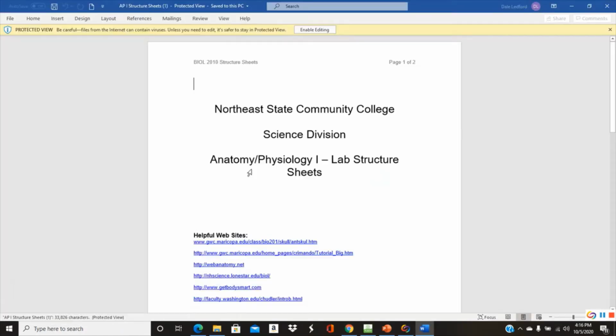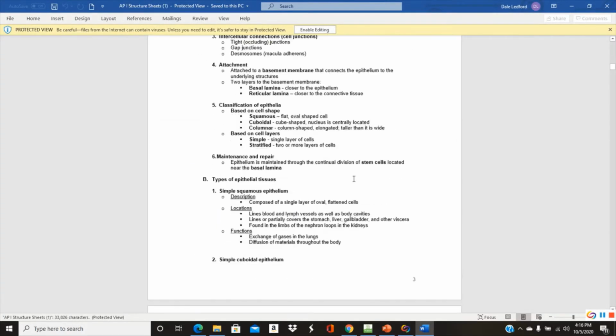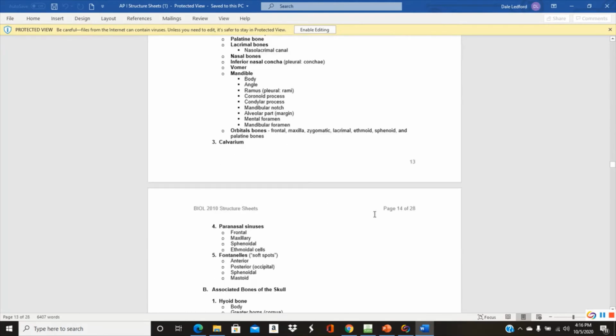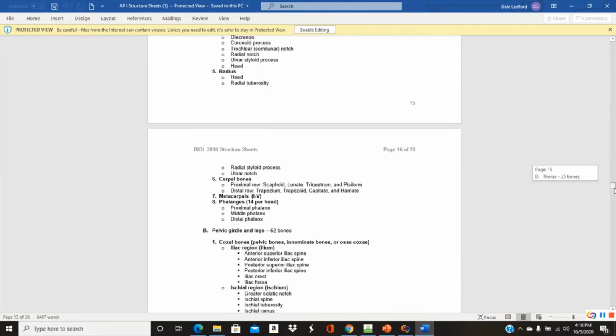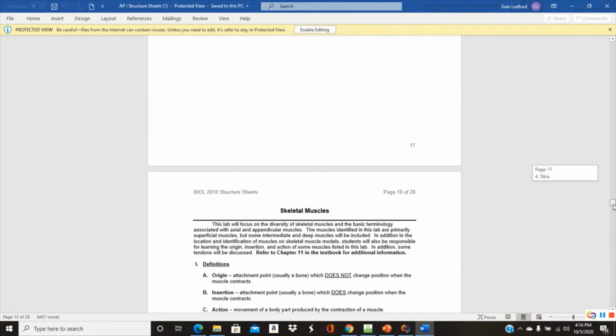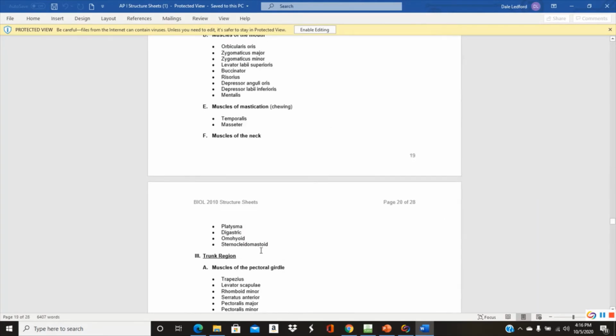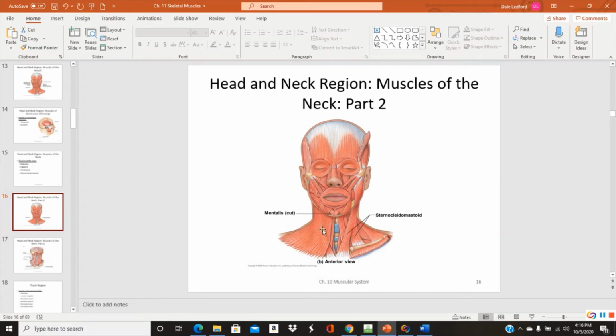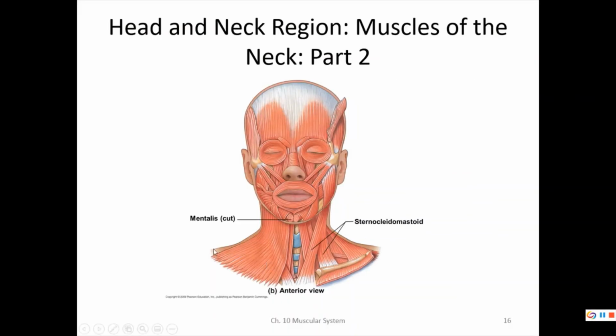I don't remember now. It's been a while since I've been teaching mostly A&P 2, and it's things like that. Okay, platysma is still in here, but for some reason it wasn't labeled here. This is platysma. It's my fault for leaving that muscle out.